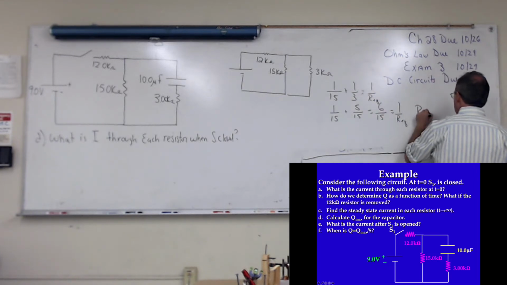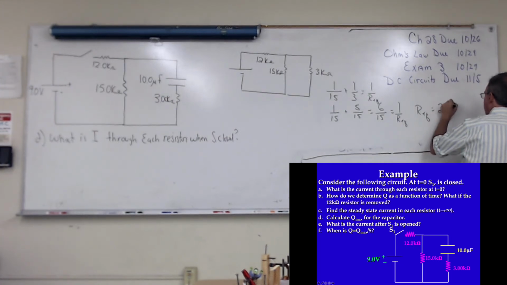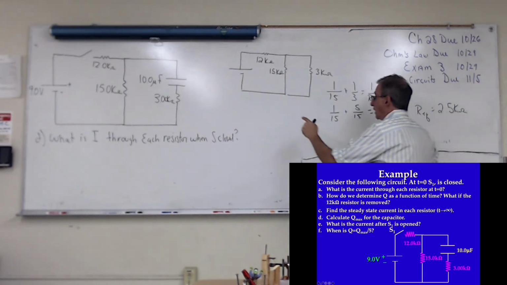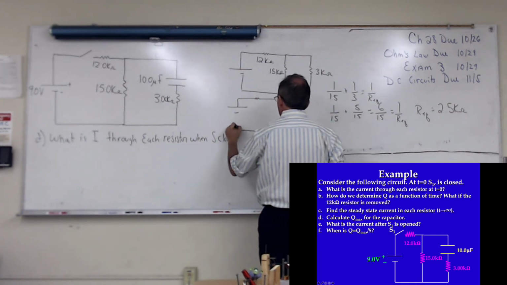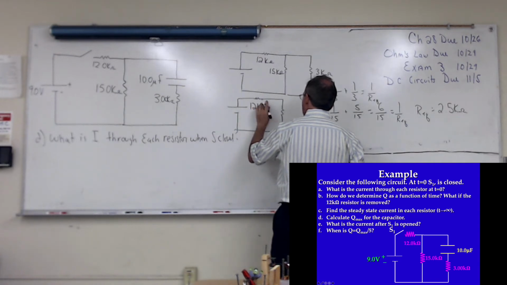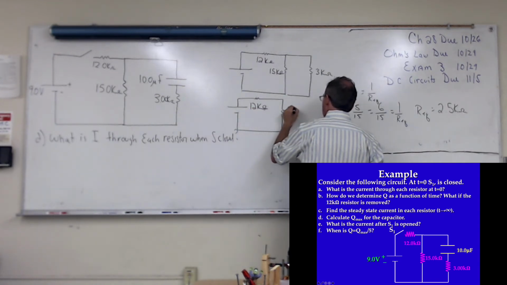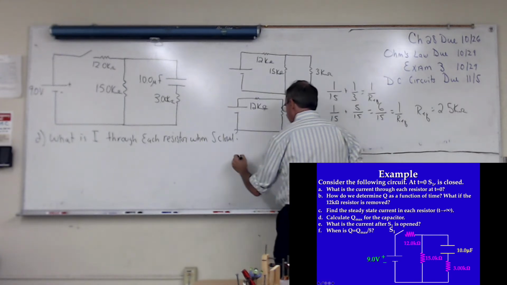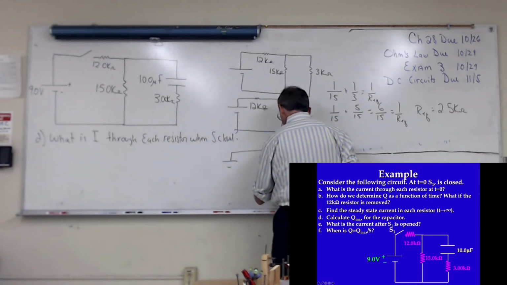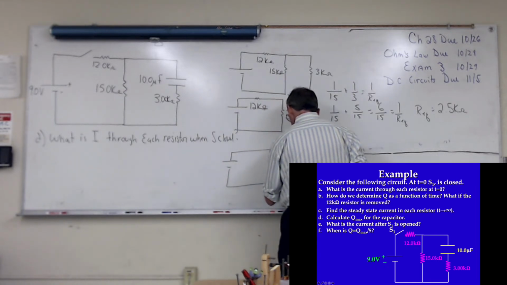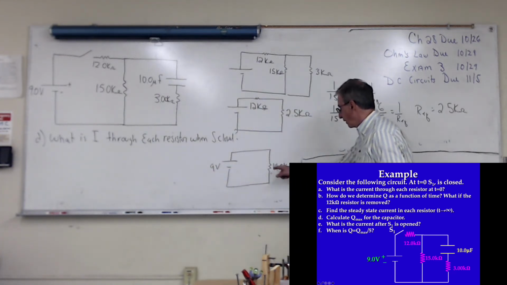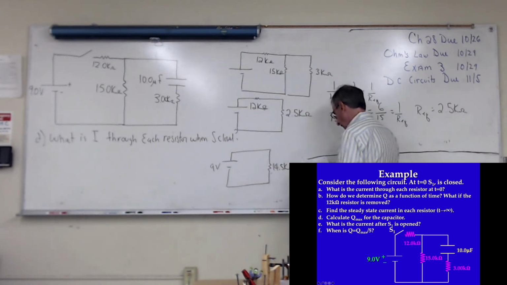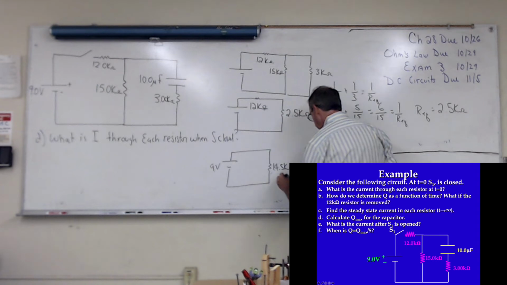So our equivalent, 15 over 6 is 2.5. So really I had this circuit, and that reduces to this. So then my current through this resistor is going to be 9 over 14.5. And this comes out to 621.